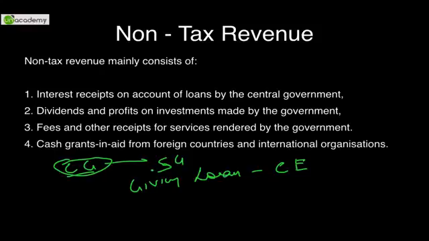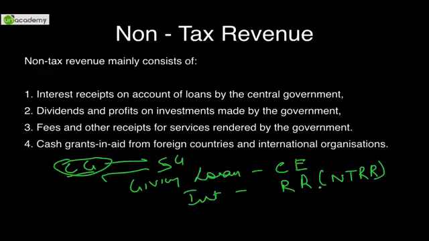Whatever the government will earn in the form of interest will be considered a revenue receipt, particularly a non-tax revenue receipt. On the other hand, if the World Bank is giving a loan to the central government, it will be considered a capital receipt for the central government.